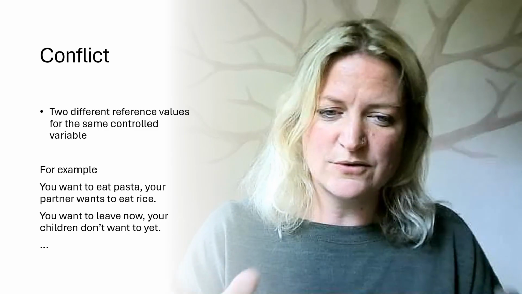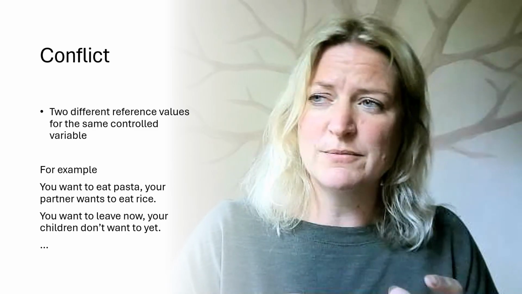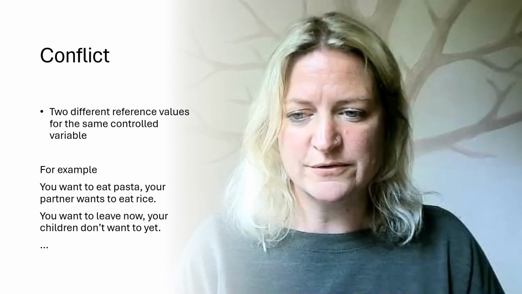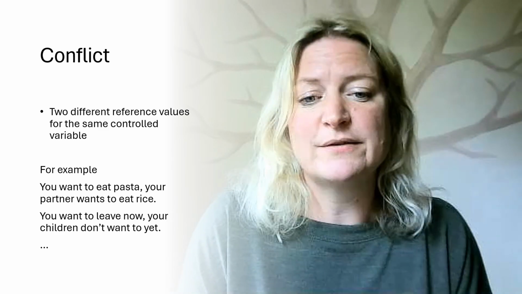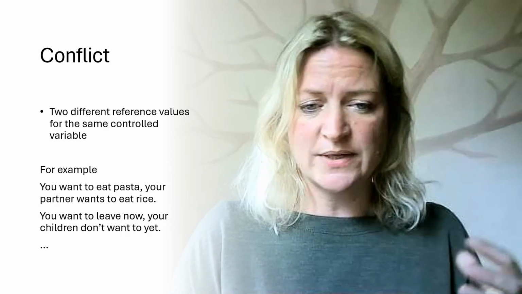So conflict is when two control systems control the same perceptual variable, but they have different reference values. For example, when you want to choose what to eat for dinner with your partner, you may want to eat pasta, but your partner wants to eat rice. Right?